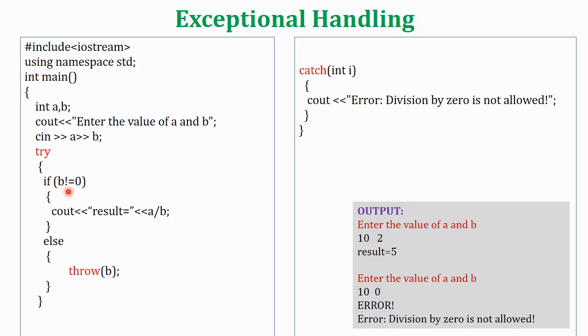If b is not equal to 0, then we will do the operations. If not, then it will throw the b value, because any value divided by 0 is also an error. So it is thrown by the throw statement. Now the catch statement will receive the value, then show the error message: error, division by 0 is not allowed.